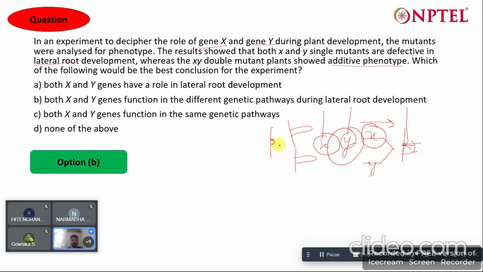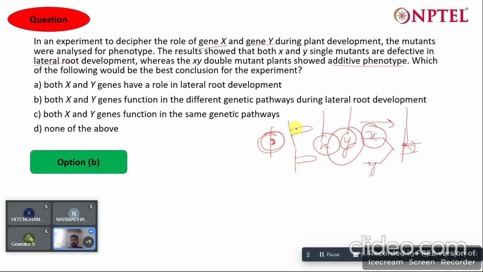Okay, so this was the additive effect of both the genes X and Y. So option B states that X and Y genes function in different genetic pathways during lateral root development. That is why when they both were mutated, they are showing an additive phenotype.